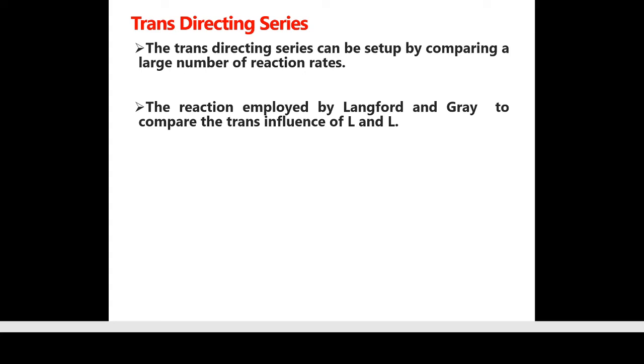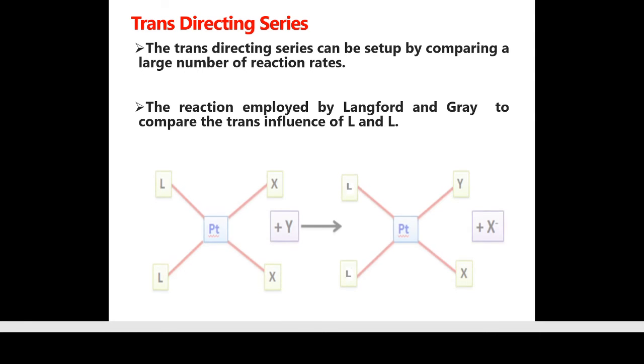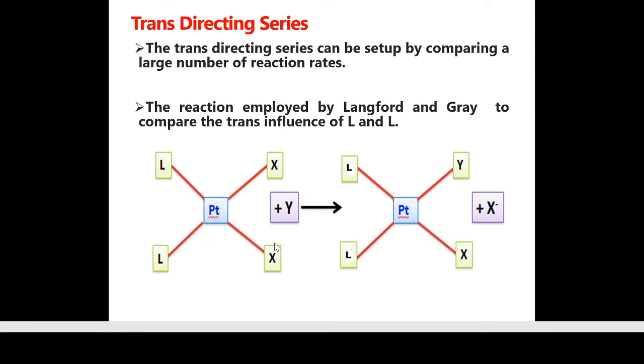This is the general reaction for how to set up that trans-directing series. See, this is L, this is also L. These both are ligands. These are also ligands, X and X.